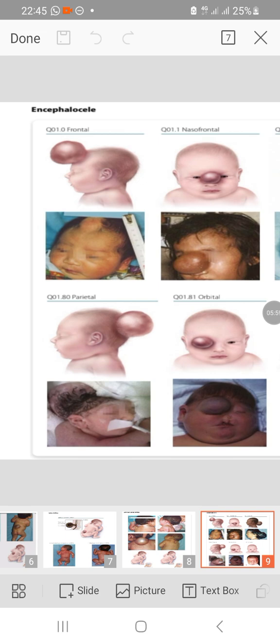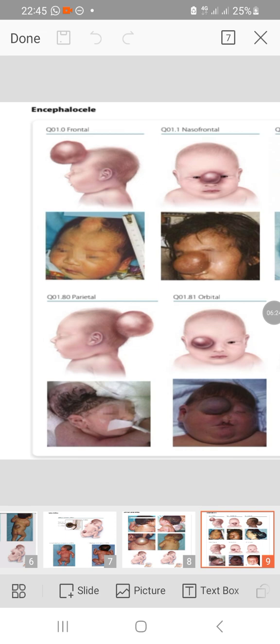Those cells cause the herniation of the brain out. So if there is production of chirin, produced by chirin 2 cells, they will cause the protrusion of the brain out.